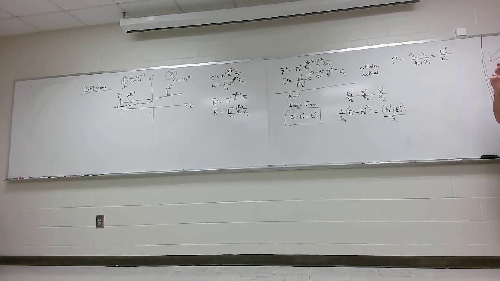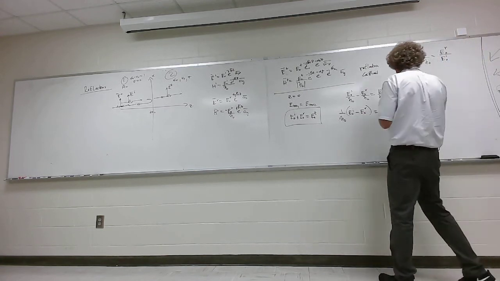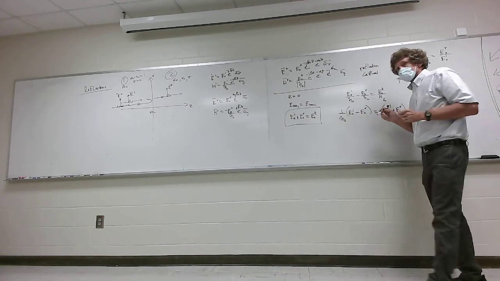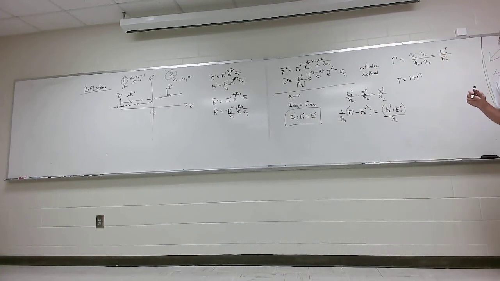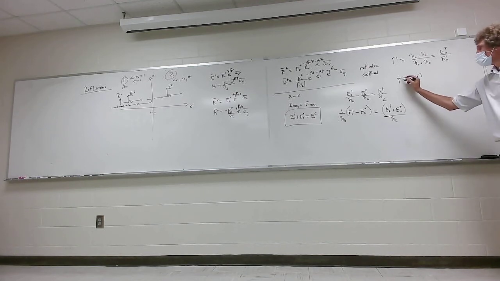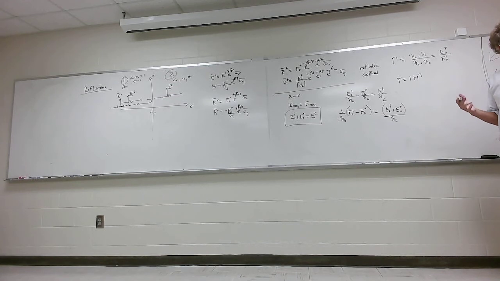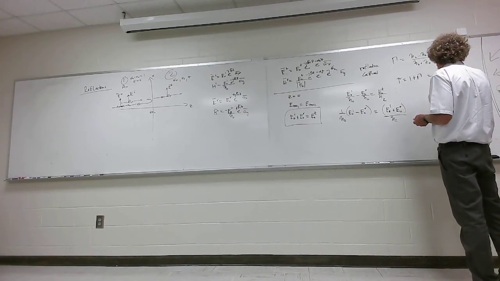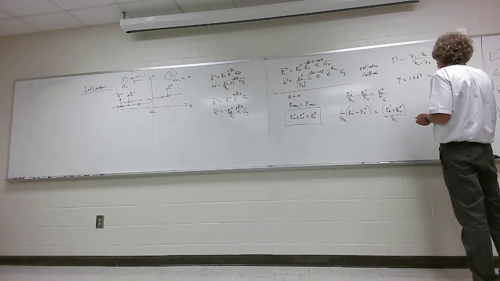Don't go yet. The transmission coefficient is equal to 1 plus the reflection coefficient. Remember that from transmission lines class? Is that a tau? Yeah, it's trying to be. It's a tau. All right, it's the transmission coefficient, and that is the ratio of the transmitted field to the incident field.